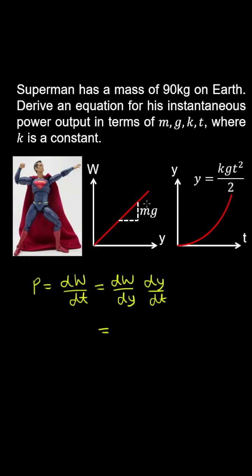So dW/dy is the force mg, and dy/dt is gt. So we can recognize that mg is a force, and g times time gives meters per second. So basically that's units of joules per second, or watts.